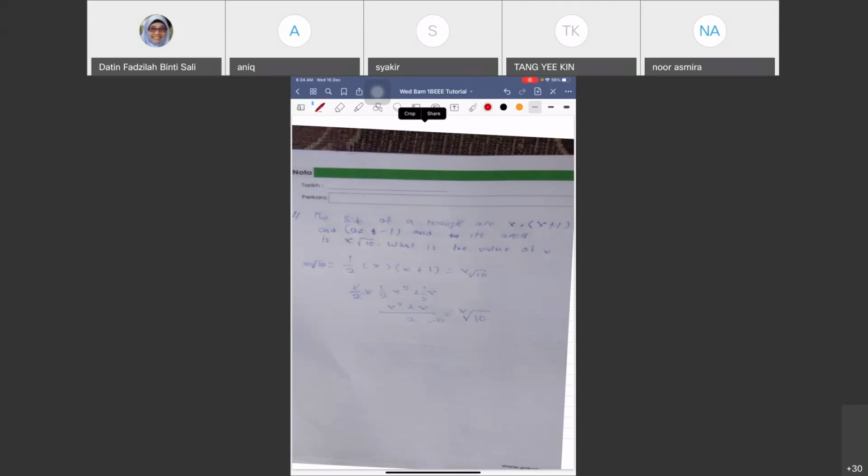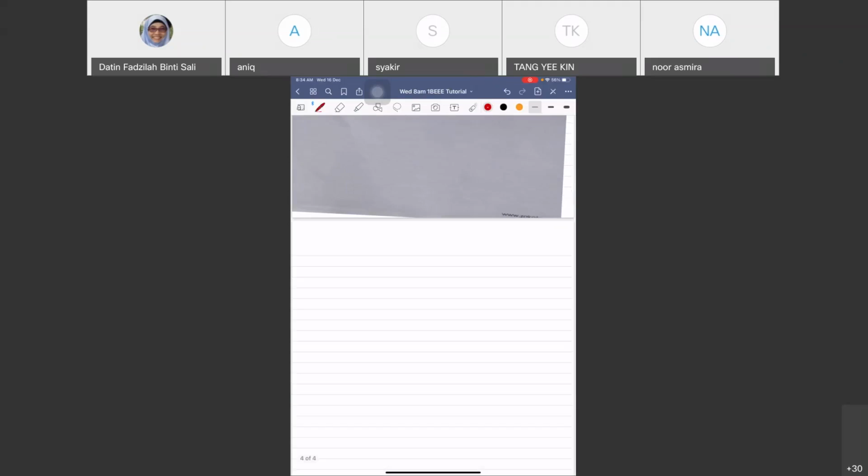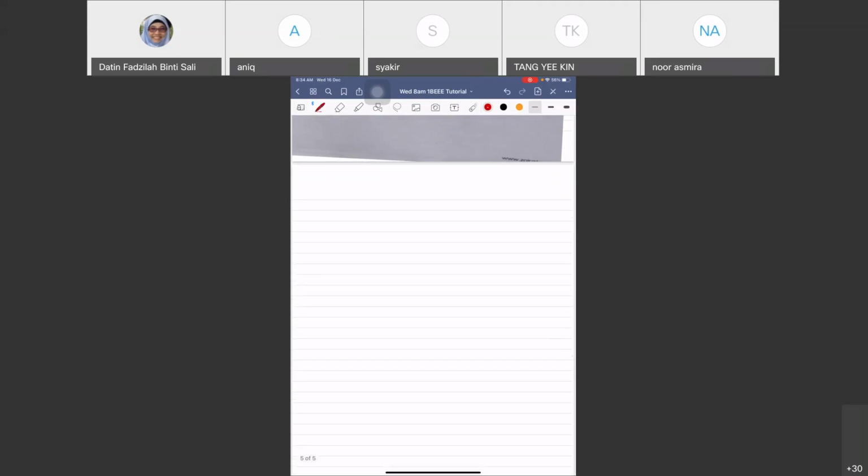All right, you still need to find your s. So I can't see your s here. Okay, let us do this. All right, so basically the three sides are, doesn't matter, I just write these are the three sides. You are given x plus 1, and then 2x minus 1.